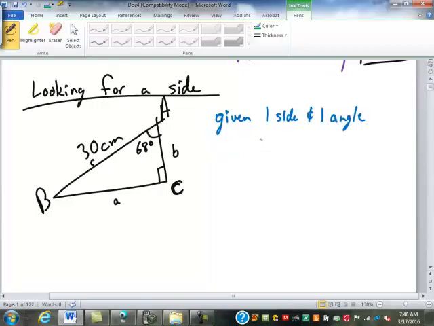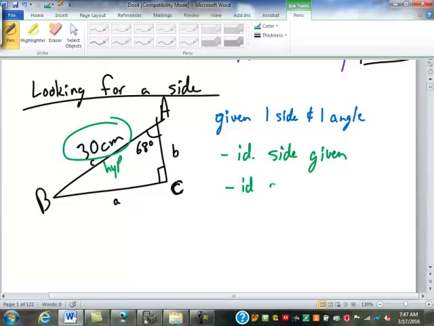But again, I identify the side I have. So the side given here is the 30 centimeters. That, of course, is the hypotenuse. And then identify the side needed. The side that we're looking for.